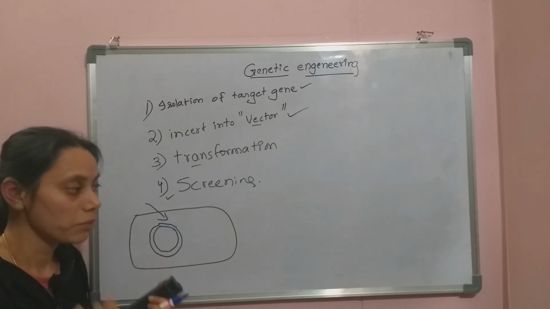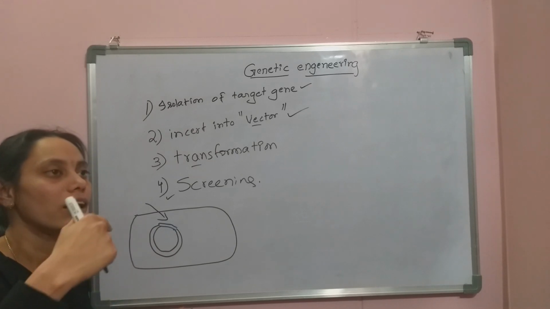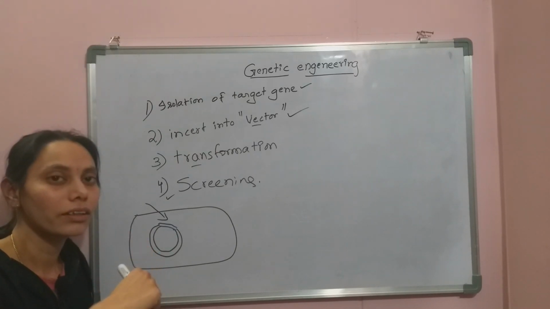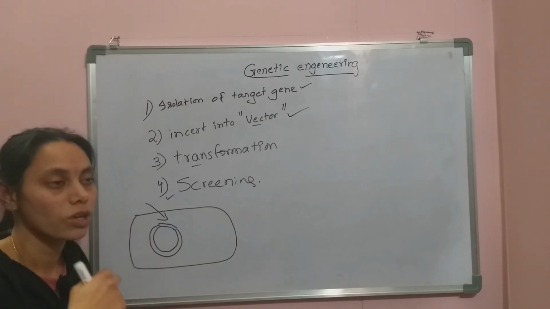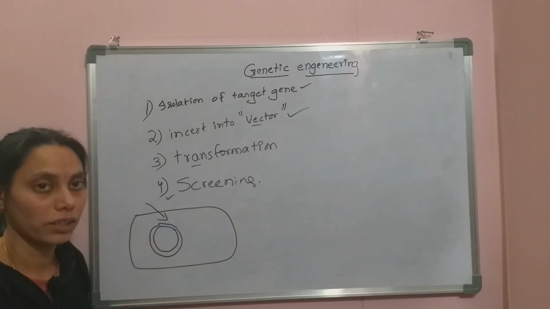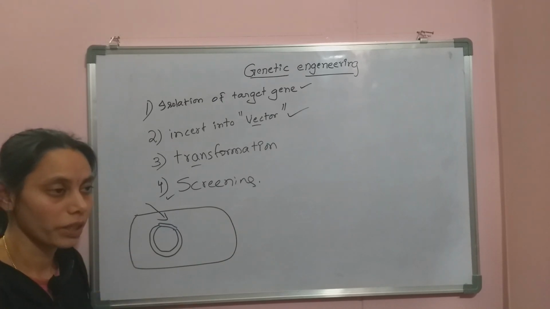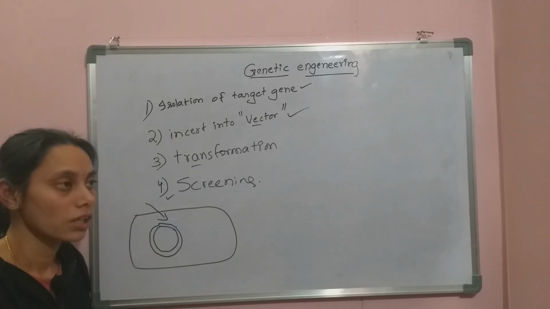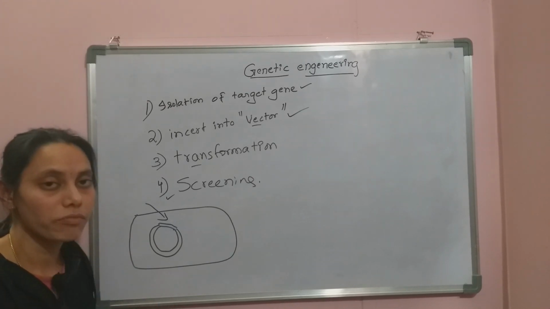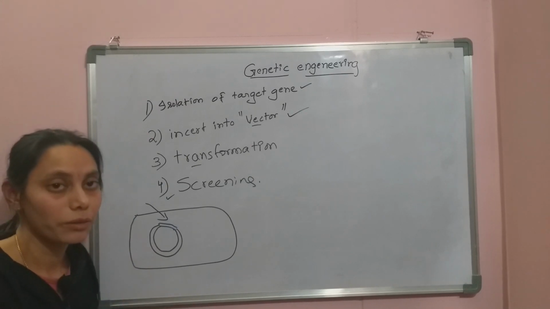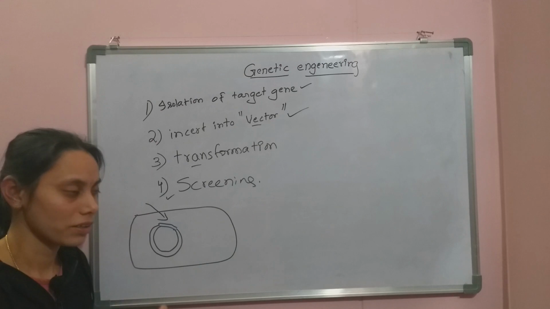So there are many methods for transformation. There are physical methods which can puncture the bacterial cell, that means a host cell, let it be a bacteria. Only in this case we have been discussing bacteria, but the host cell could be a bacteria or a plant or maybe an animal cell, that will be transformed with different methods. That could be a physical method or chemical method or maybe indirect methods.